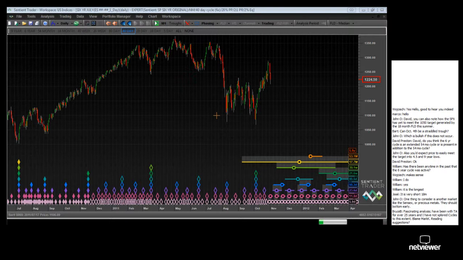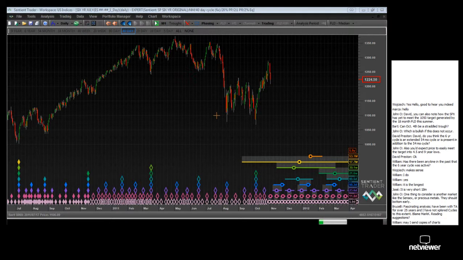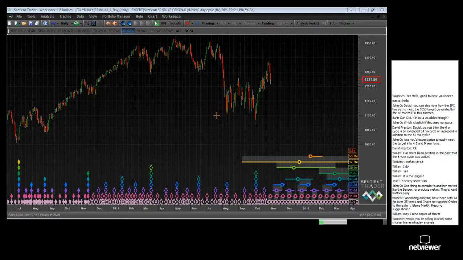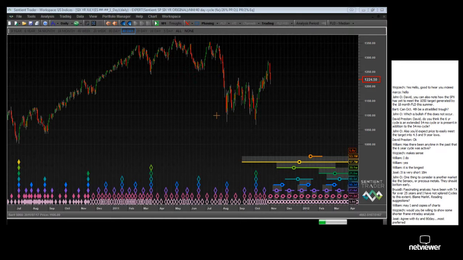I'd strongly encourage you, because I love hearing other people's opinions about the market, to post to our forum. Take some screenshots of your analyses and contribute to the discussion on the forum. If you have an analysis in Sentient Trader on your computer screen now, I can switch control and we can all take a look at it. You can send copies of charts.